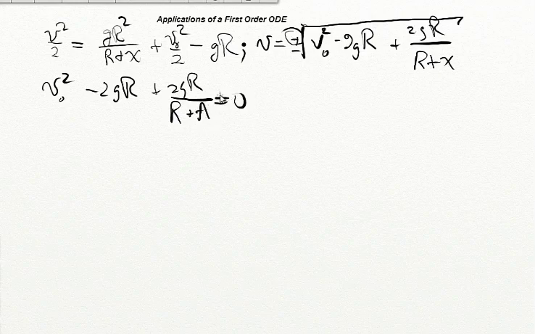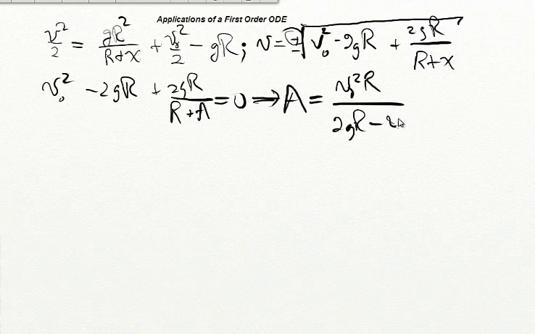And then you have to solve for a, a little bit of algebra there, which I won't go through, but I'll tell you that the altitude is v0 squared r divided by (2gr minus v0 squared).